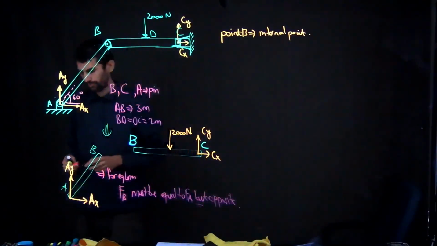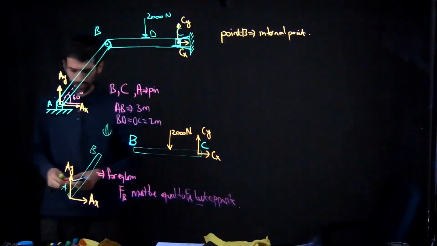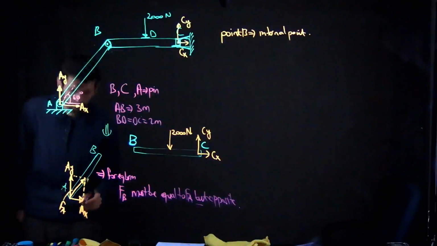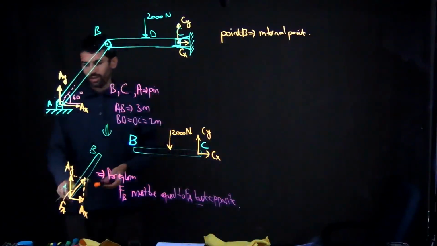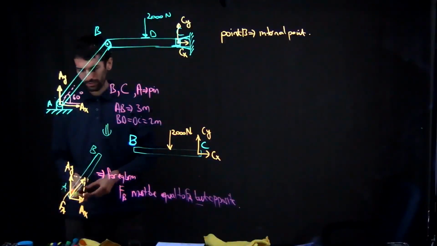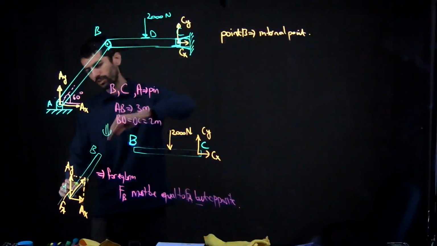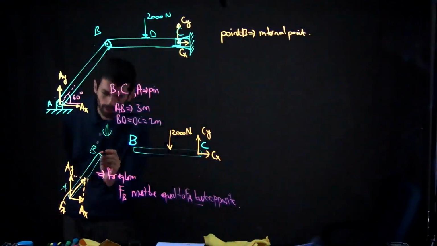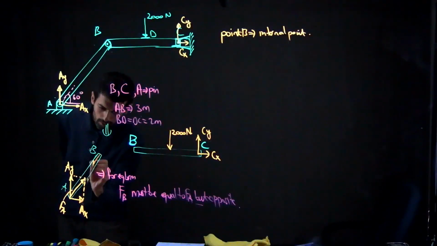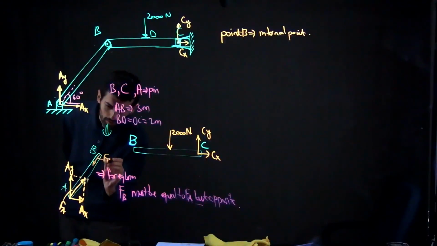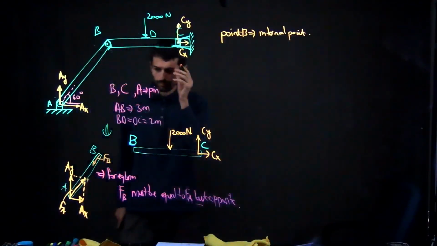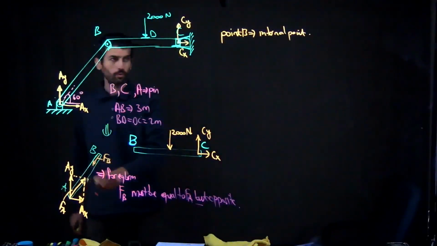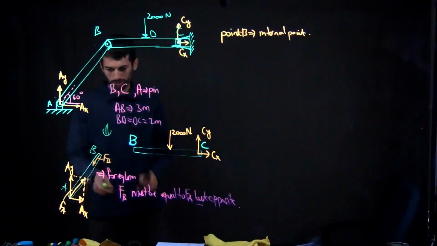From this one I know that the force at A is this way. This one is the force at A, so there should be an equal and opposite force at B, so that this one is in equilibrium. So we will have a force at B. So we have one member with two forces.